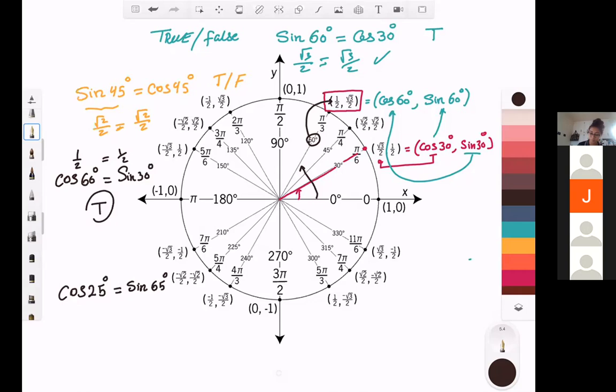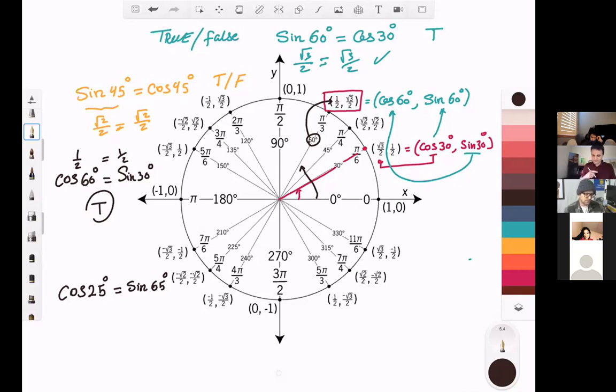Who was it? It was me, because I noticed that every like 30 degrees, the sine and the cosine is the same. It's just the opposite. Okay, good observation. So anybody else? So Karen said it's true. Jason, is it true? Yeah, I'm in agreement with her, because cosine 60 equals sine 30 then. Makes sense.